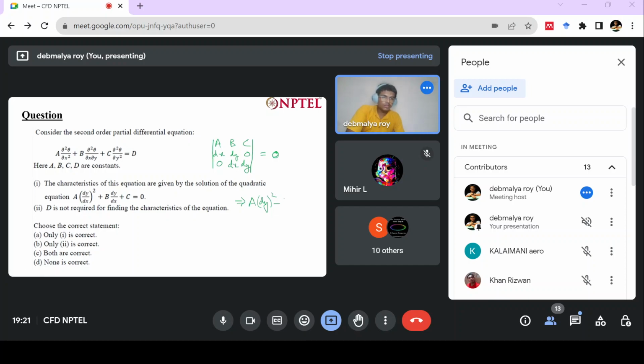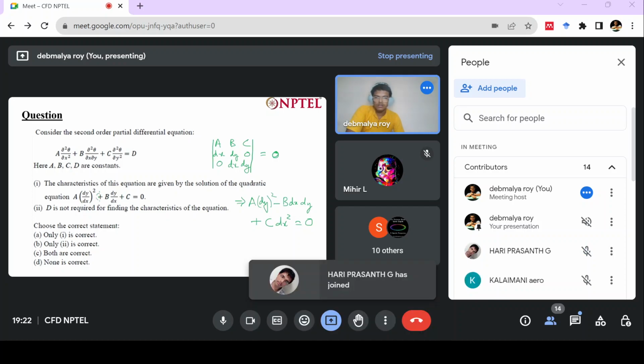So this will be minus dx dy. That's why this minus sign is basically coming. So plus c dx into dx. This is equal to 0. So if you arrange it, this equation is correct, but there will be a minus. So we will report it as wrong.